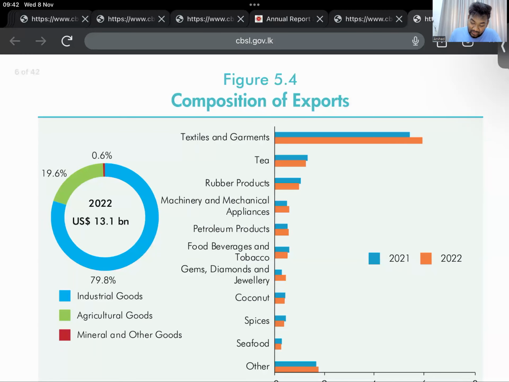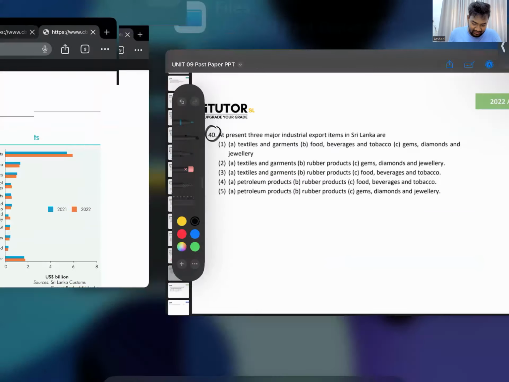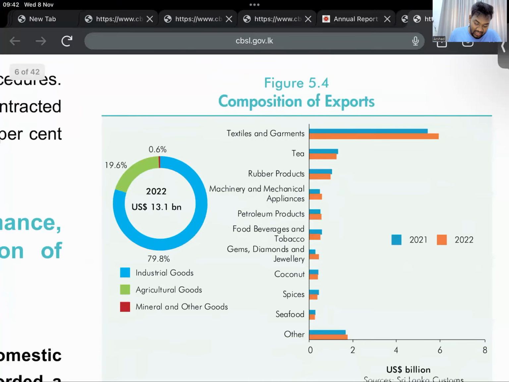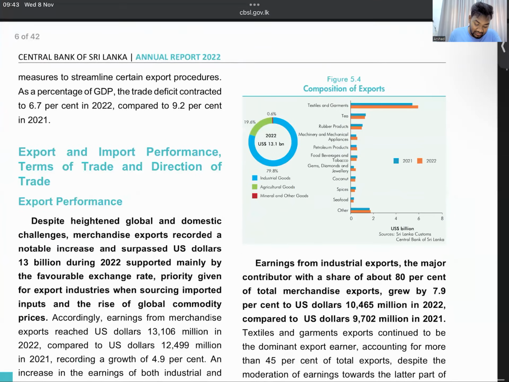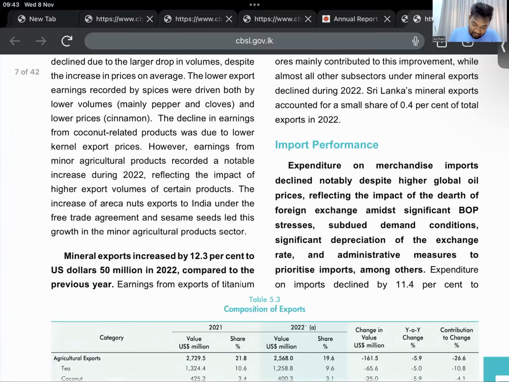Present 21-22, it has not changed. Number 1, they're asking for industrial, no? They're asking for industrial. You can't give tea and rubber. Be very careful. So they're asking for industrial. So industrial, well, what do you think is inside? Is agriculture, mineral.